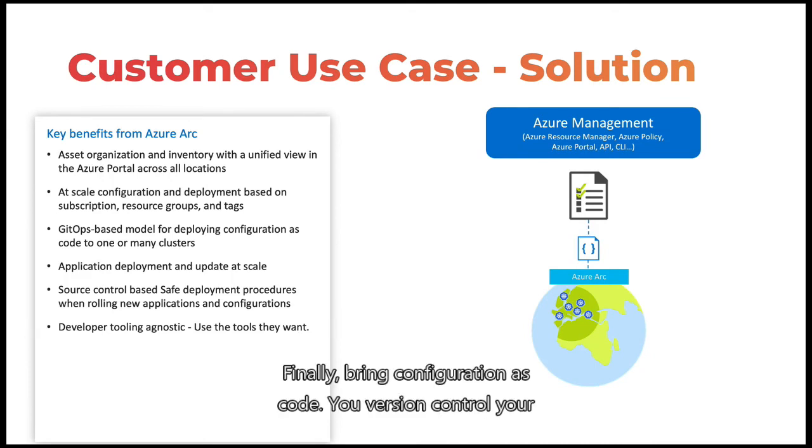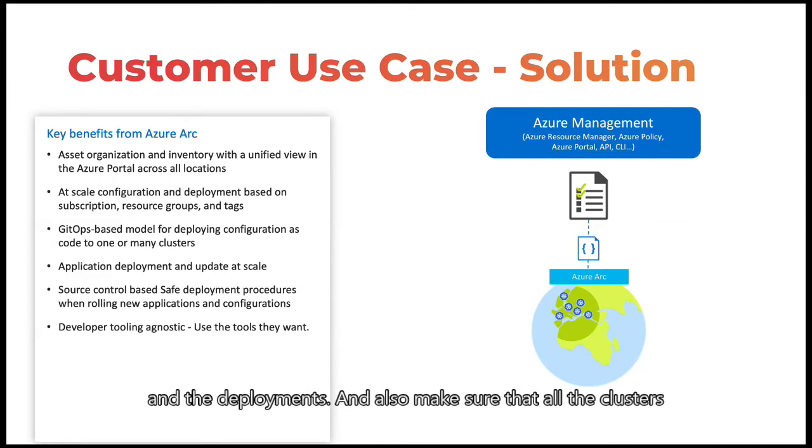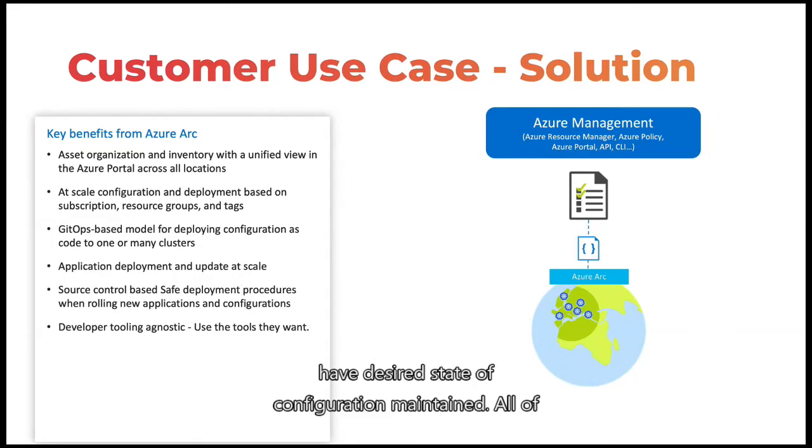Finally, bring configuration as code. You version control your artifacts that go along with your code and provide an ability to roll back and roll forward the configuration, not just the code and the deployments. And also make sure that all the clusters have a desired state of configuration maintained.